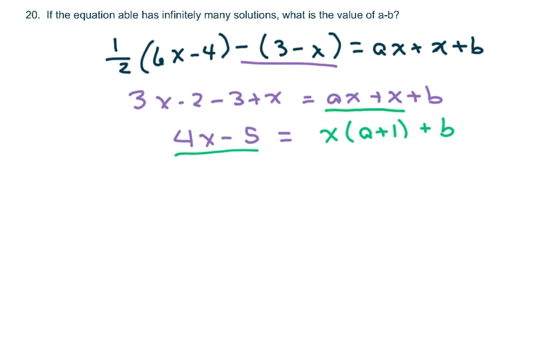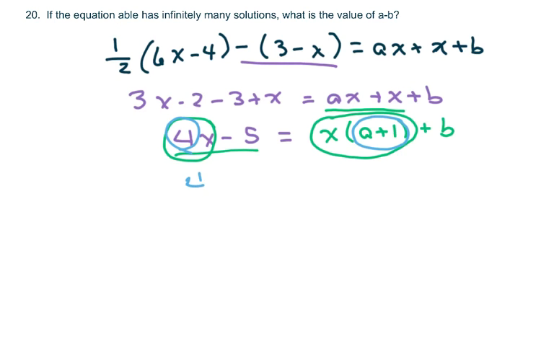Now, for the left side of the equation to equal the right side, the coefficient of x must be the same. So basically, these two should equal here. My coefficients are 4 and a plus 1.